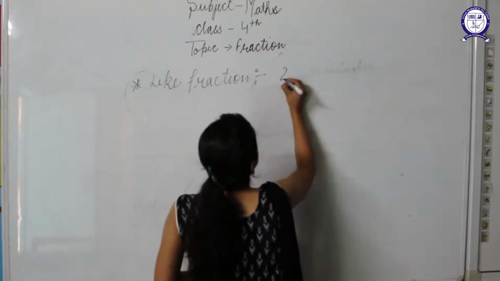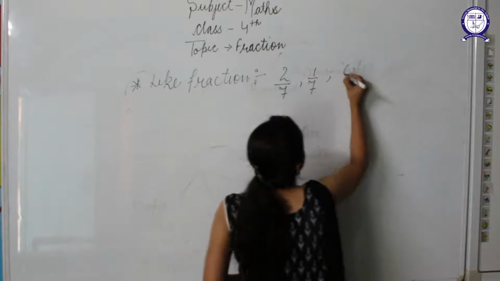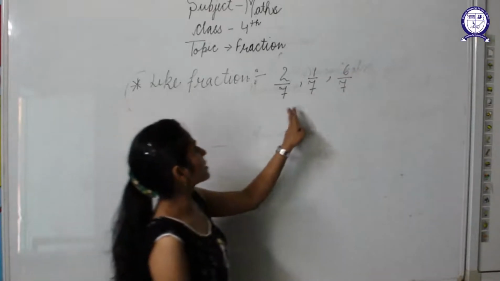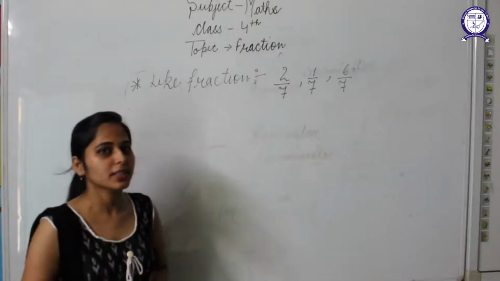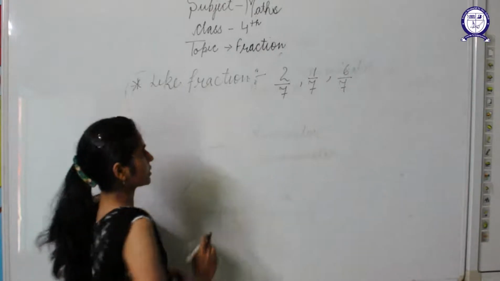Now we are having 2/7, 1/7 and 6/7. In all these 3 fractions, we are having 7 as denominator, means denominator is same in all the 3 cases. So these fractions will be considered as like fraction.